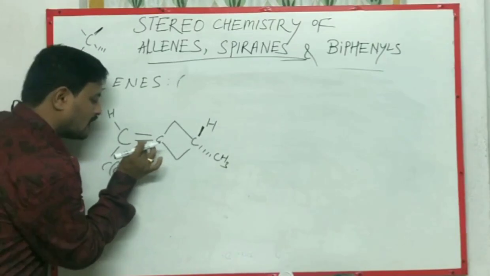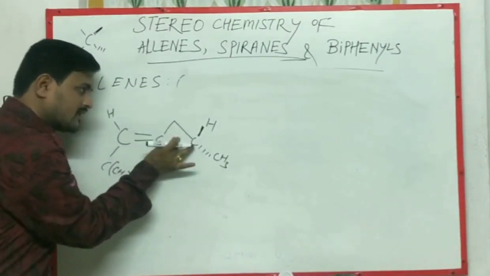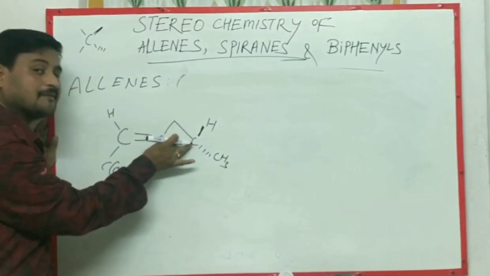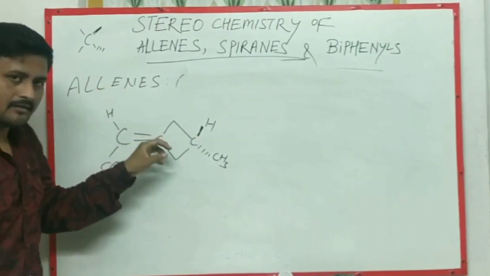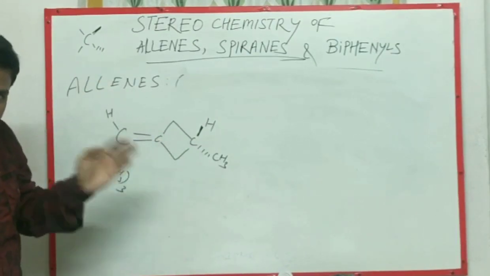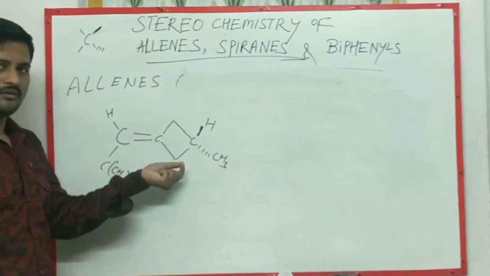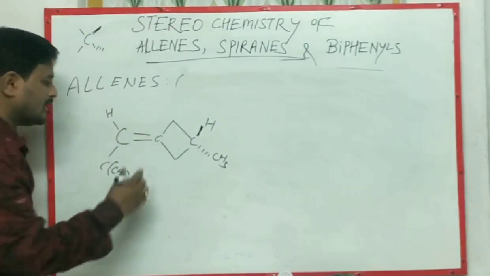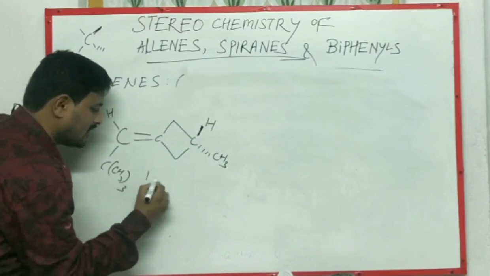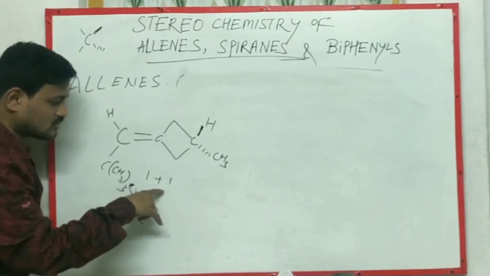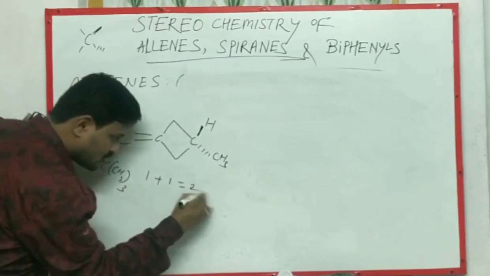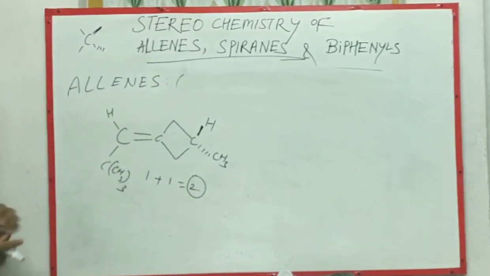Here instead of one double bond, a 4-membered ring, a 5-membered ring, or a 6-membered ring is there, and that also acts as an allene. I mean here one double bond and one ring, one double bond plus one ring equals 2, an even number. Do you understand or not?